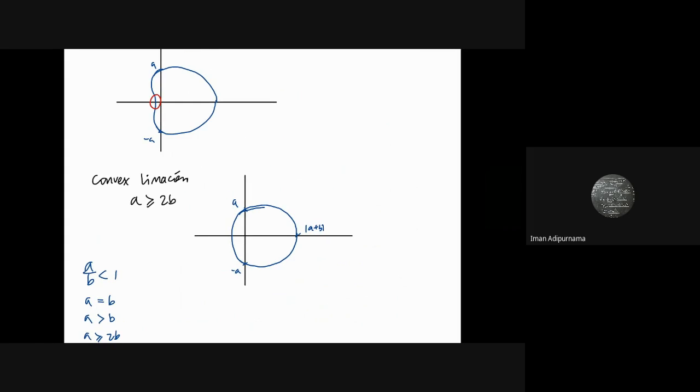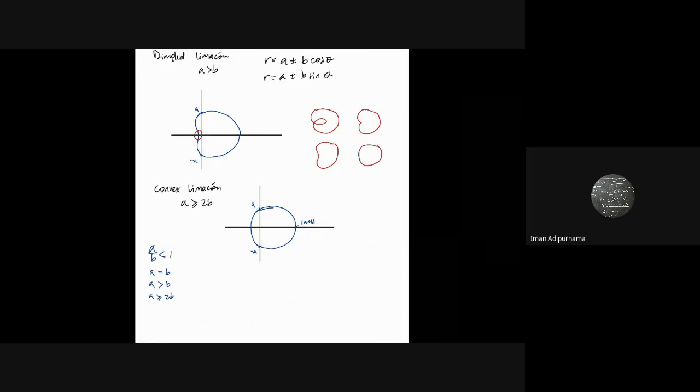First you start from the loop like that, and then you have a cardioid, and then a dimple, and then it's similar to a circle, and eventually you will get a circle if you increase your A. I hope you can see the differences. And that is the limaçon.